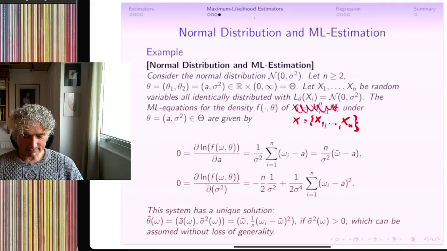From the previous equation, this is omega bar for the mean, and for the variance you have 1 over n times the sum of (omega i minus omega bar) to the power 2. This holds under the condition that the variance is positive, but this can be assumed without loss of generality.